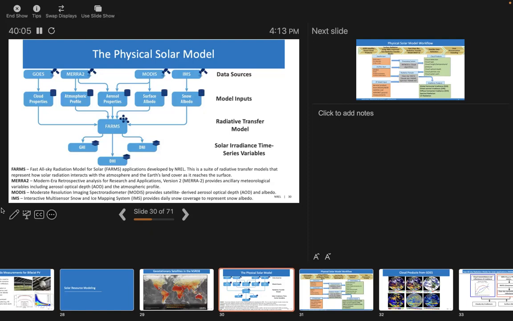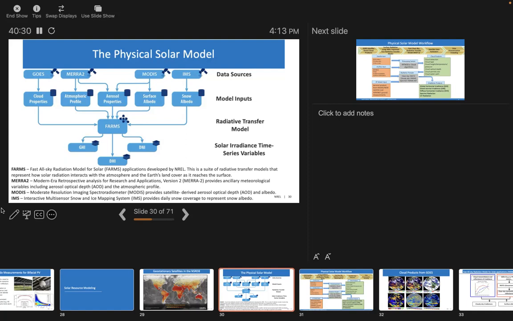And then snow is an issue because snow is highly reflective, so we need snow information, because snow reflects sunlight and it again reflects back from the cloud. There's multiple scattering. So whenever there's snow, we need that information. Ultimately, we combine all this raw data into these things: the cloud properties, the atmospheric profile, aerosols, the surface albedo and the snow albedo.